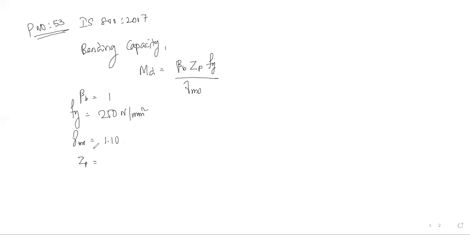So Zp we have to calculate. We already said that the bending moment is going to be taken care of by the flanges, so Zp of the flanges we have to calculate. The formula is, since two plates are available, 2 × B × tf × y bar squared, where y bar is the overall depth minus the thickness of flange, divided by 2.